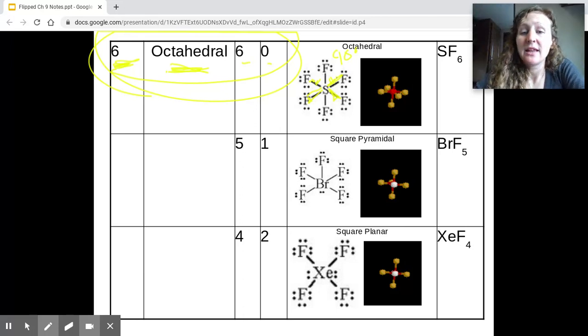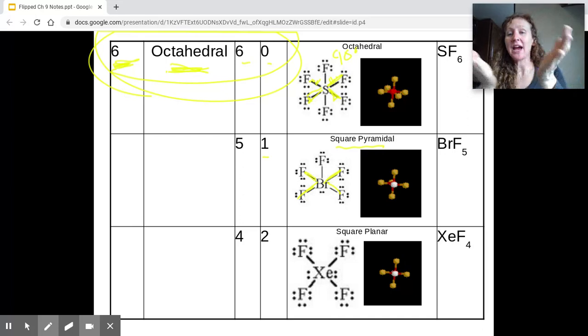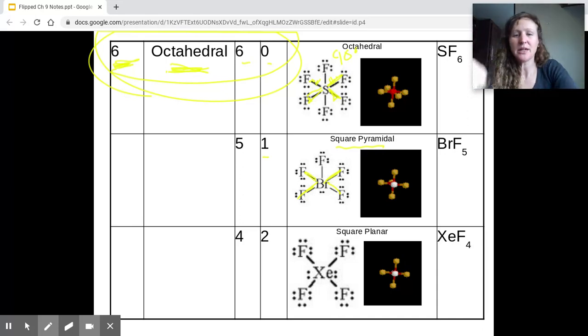and the one going down. And then if you have 1 as a non-bonding, it becomes square pyramidal because you still have this square base here that actually gets forced up a little bit. And then you only have 1 here, so it actually forms a pyramidal shape, but only on one half, not both halves. And then if you have 2 non-bonding pairs, you can think about the one going up disappearing and the one going down disappearing.